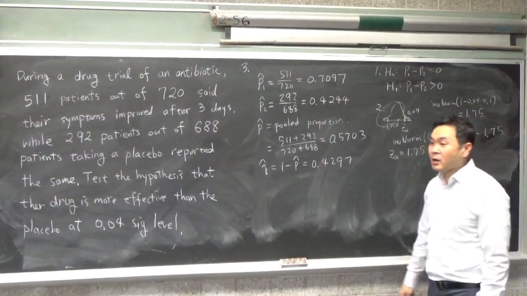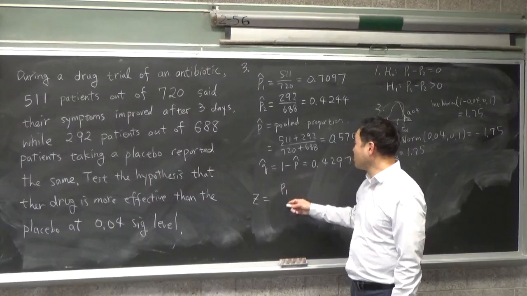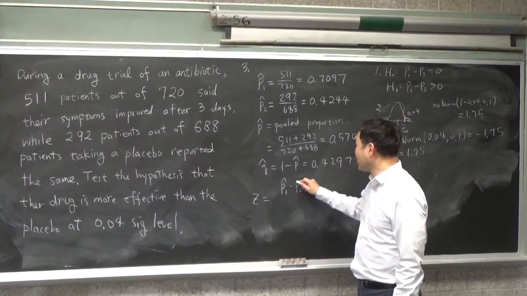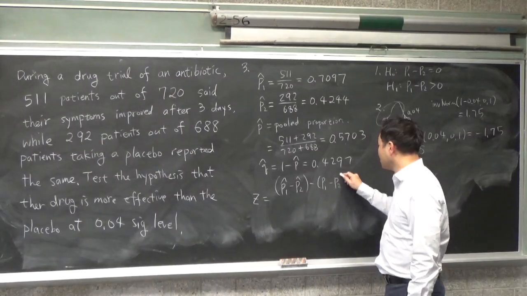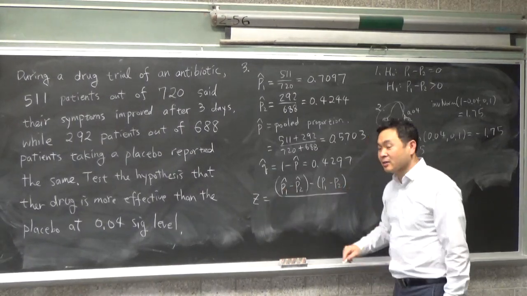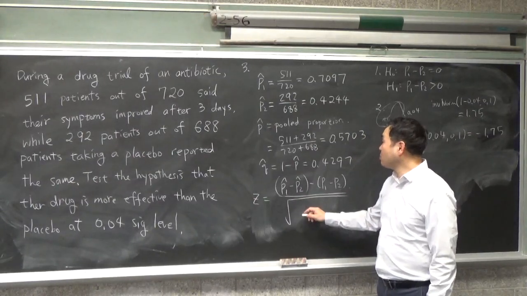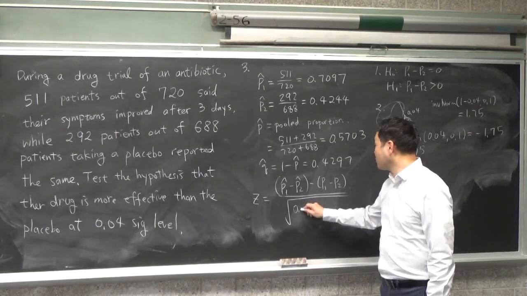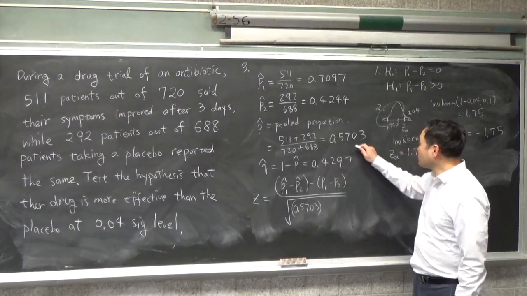Okay, so now we can calculate the test statistic. Z would be P1 hat minus P2 hat minus (P1 minus P2), divided by the square root of P hat times Q hat. Let's just multiply this.